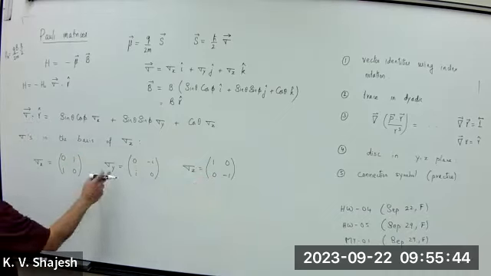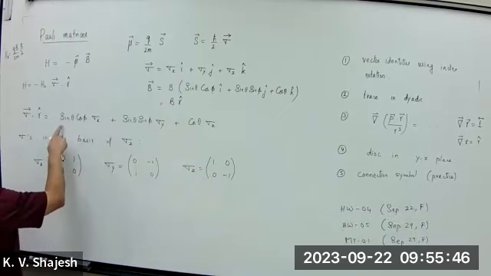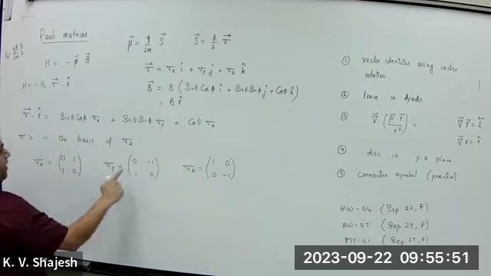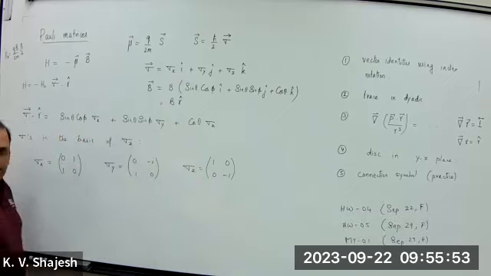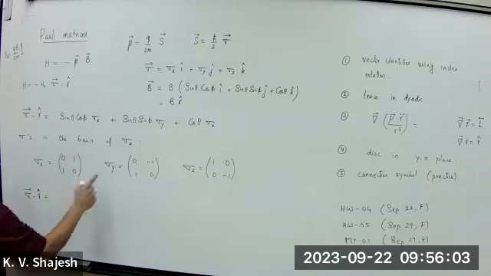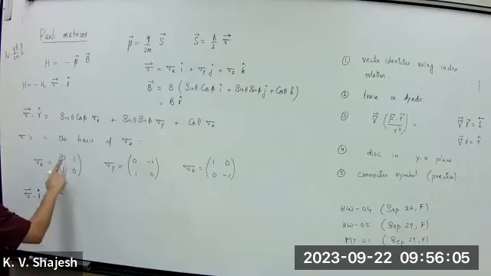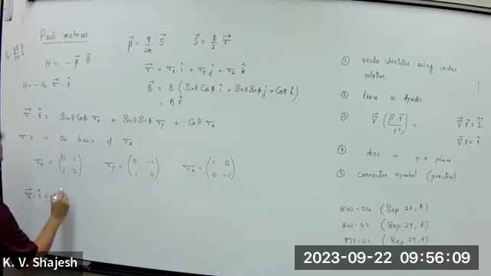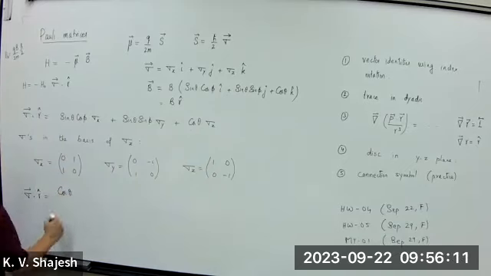But if we use this, now I multiply these quantities: I have to multiply this with sine theta cosine phi, this with sine theta sine phi, and so on. So sigma dotted with r hat comes out to be: the 1-1 component is coming only from sigma z, that's cosine theta.